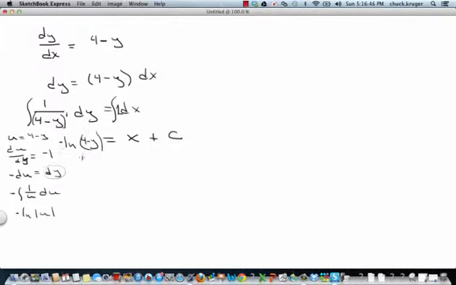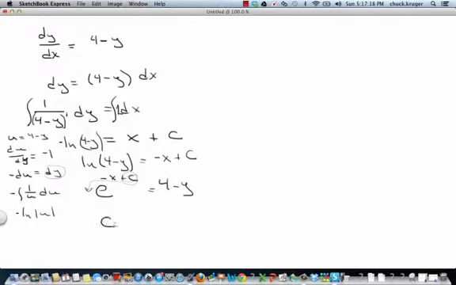Now I'm going to divide everything by a negative 1. And that's going to give me a negative x, but c divided by a negative 1 is still c. So I'm going to get e to the negative x plus c equals 4 minus y. That's an exponential form. Now if you recall, this c is going to end up being a constant that's going to be in front anyway, because it's going to be e to the c power.